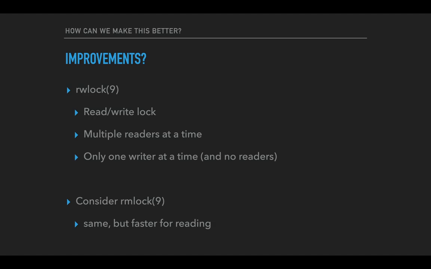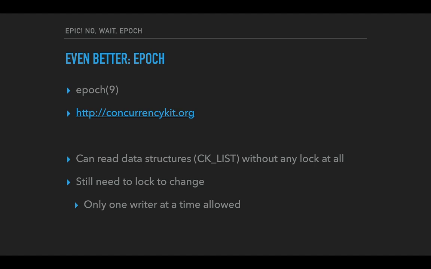So that would be one option, but we can do even better, thanks to the EPOCH system that was introduced in FreeBSD 13 heads, the upcoming release. Well, it was introduced earlier, but it really got into its stride there.